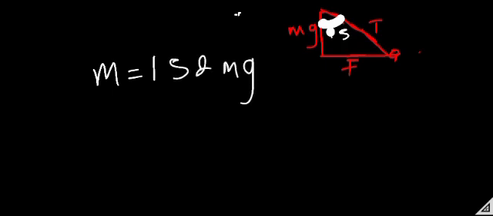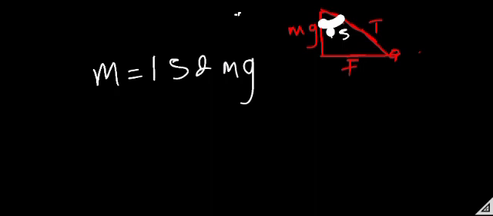Then we know that the mass m is equal to 1.52 milligram, right? So when we are converting, we convert the milligram to what?